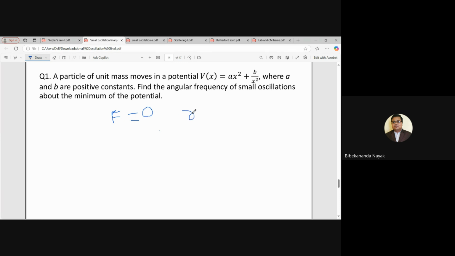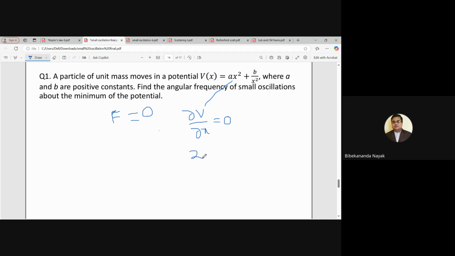F is equal to minus del V by del x, which is 0. If the minus is 0, then obviously that number is equal to 0. Del V by del x is equal to 0. So now take its derivative. What will be the result? If this is V, then del V by del x will be how much?